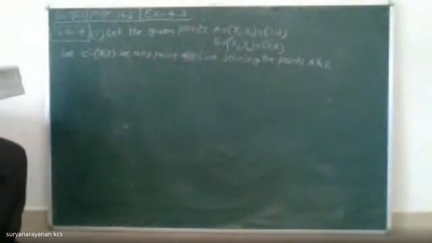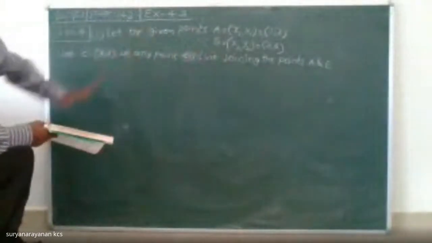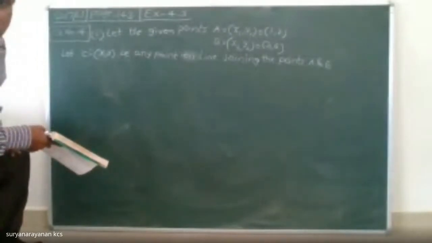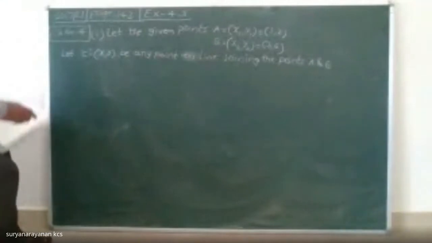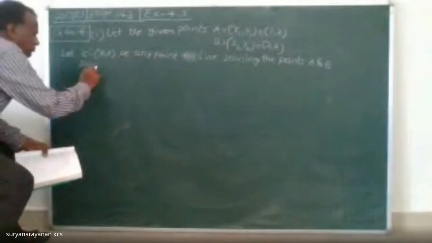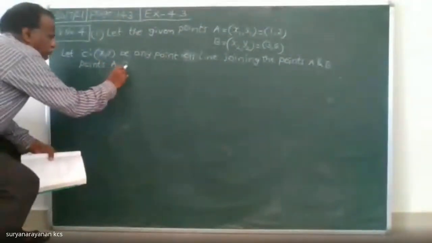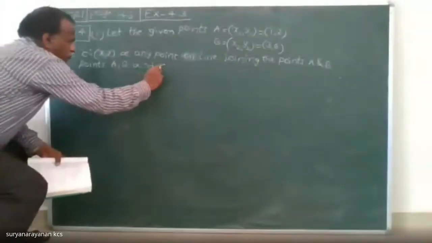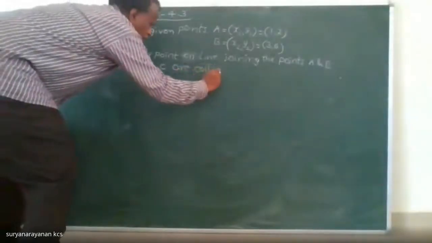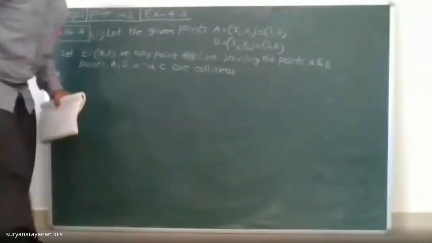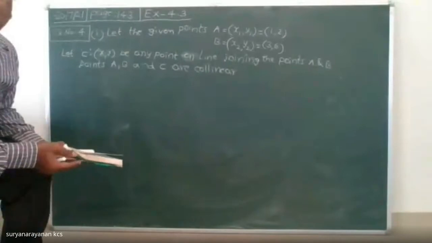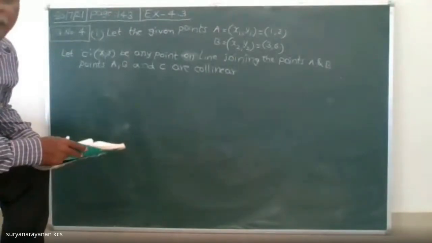Then what can you say about the 3 points A, B and C? All these 3 points are collinear. Yes or no? If 3 points are collinear, then what is the area of the triangle formed by the 3 points?